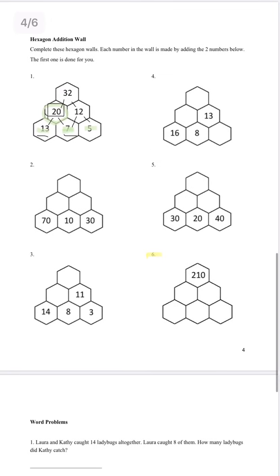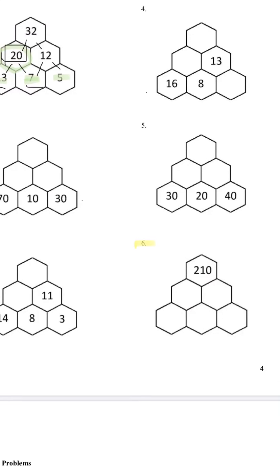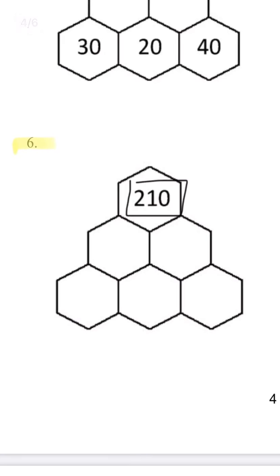So then let's try it on our own now. Well, I thought you guys would be able to figure it out, right? Since it's just easy additions. But for number 6, we have to do subtractions, right? So what two numbers do you need in order to get 210? Well, any numbers are possible, but let's try the most simple ones. So 210, right? 200 plus 10 equals 210, right? Then now which numbers do you need in order to reach 10?